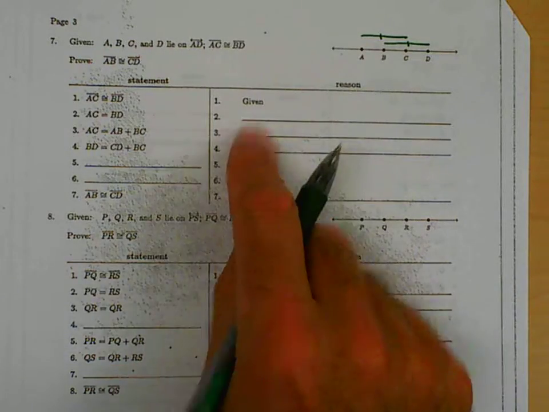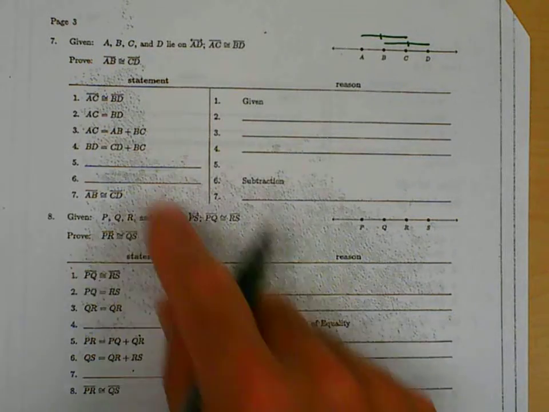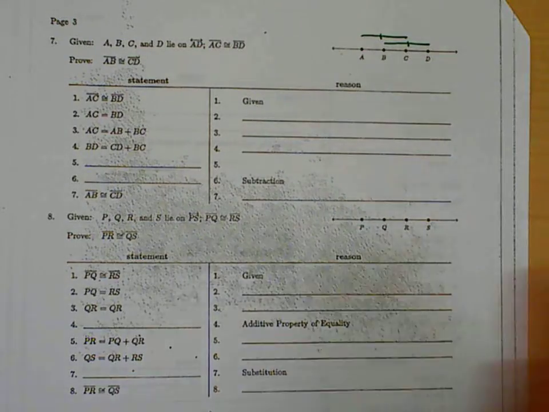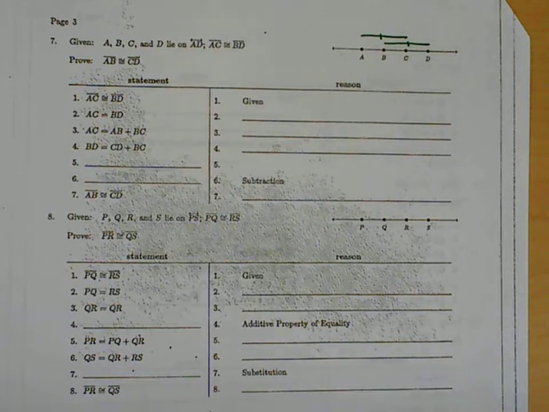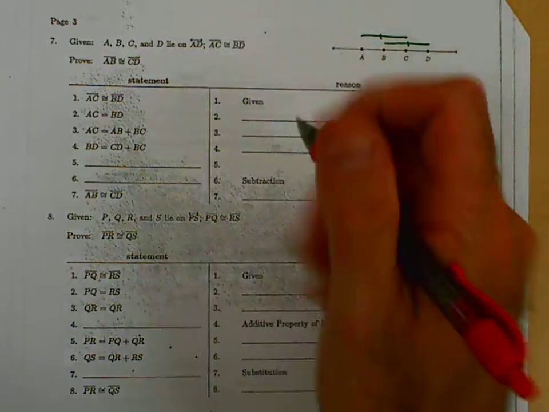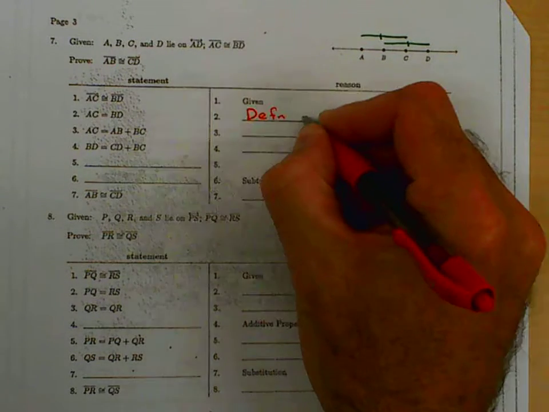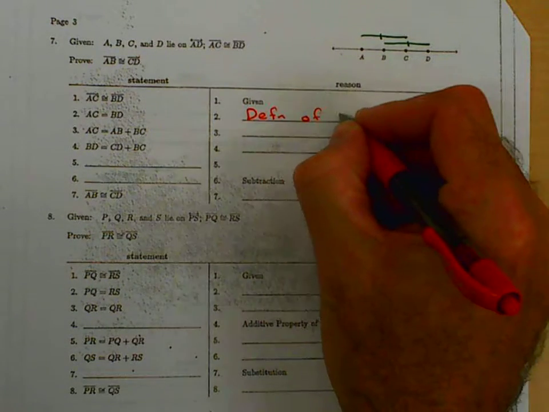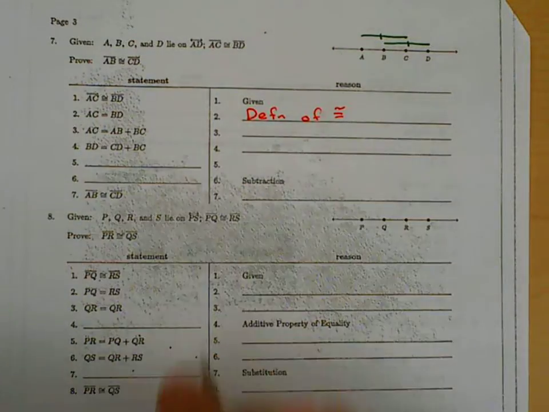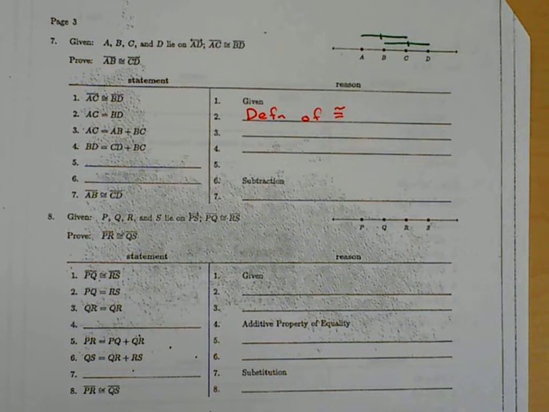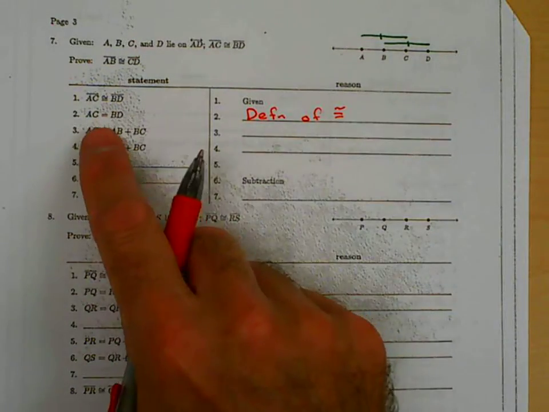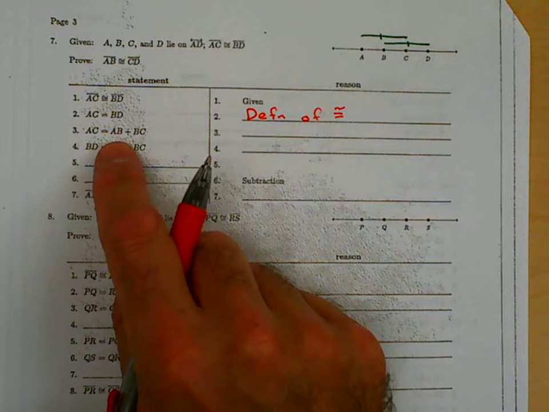And that was given. Now if they give you the segments are congruent and then they say the segments are equal, that's the definition of congruency. From there, we have AC equals AB plus BC.